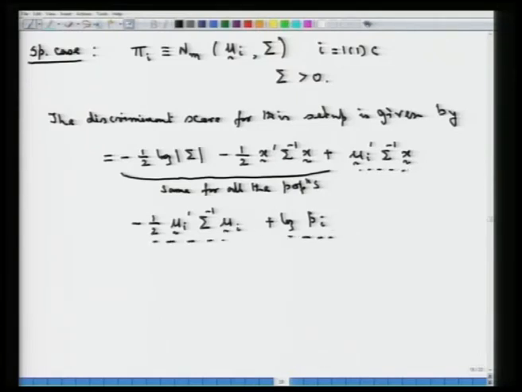So, what we observe is that now the discriminant score can be written as a linear discriminant score, because the quadratic term here is independent of the ith population.